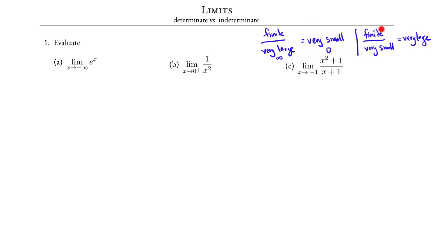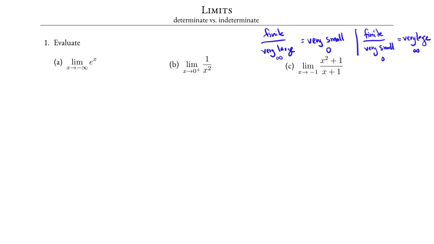Similarly, if we take a finite number such as 5 and we divide it by a very small number such as 0.00000001, then we end up with a very large number indeed. And again, a very large number is indicated by the infinity symbol, and very small is 0 in terms of the limit.